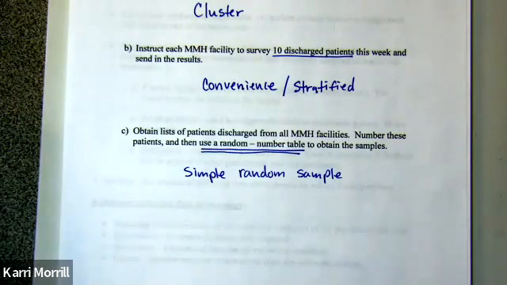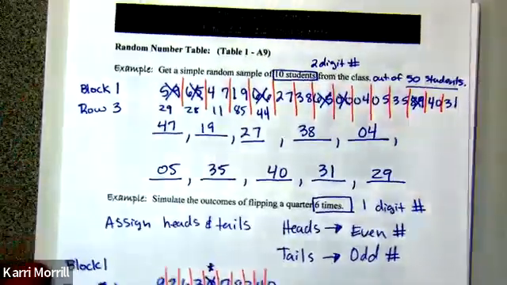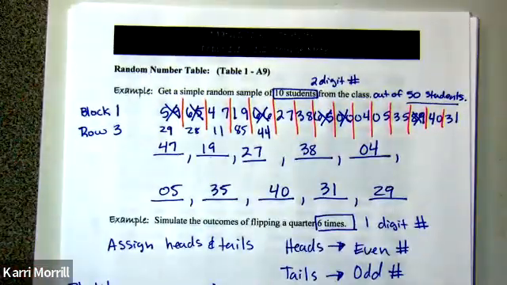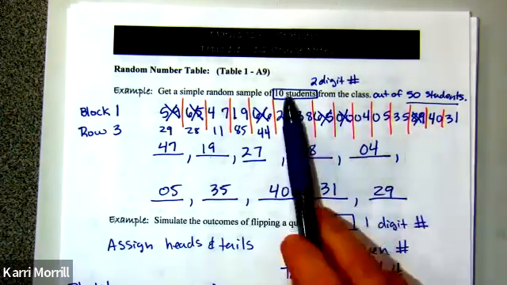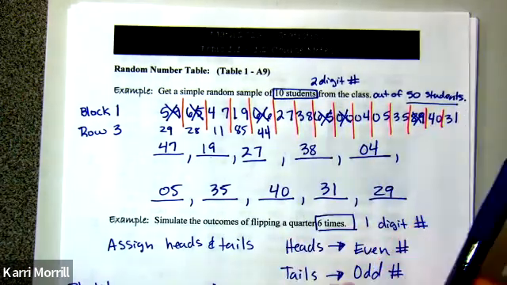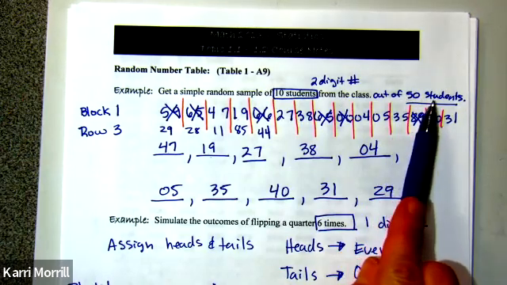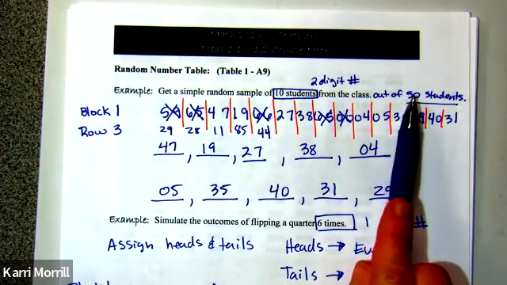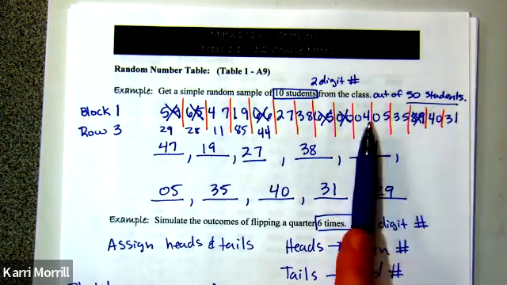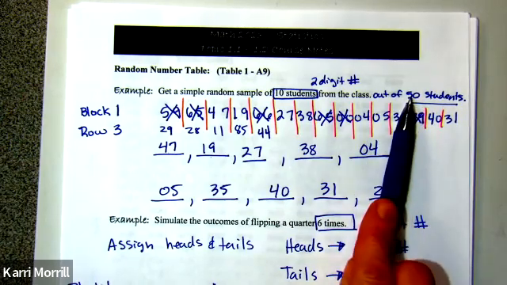What is good to get from that, if you didn't quite pick up on it, is that in each of these examples you need to know how many digits to separate your list into, and it would be however many are being sampled. So if we have 50 students, each student is given a number, 1, 2, 3, all the way to 50. So you would have 2-digit numbers to pick from, and it couldn't be any number over 50.